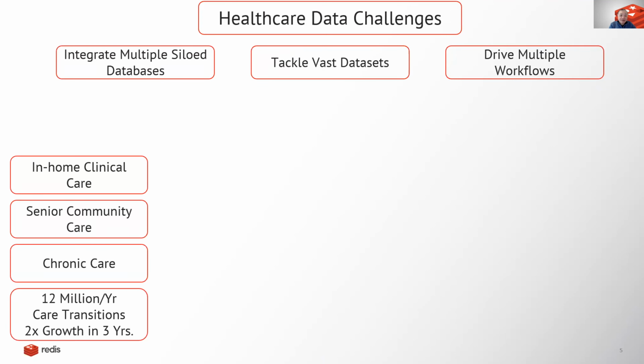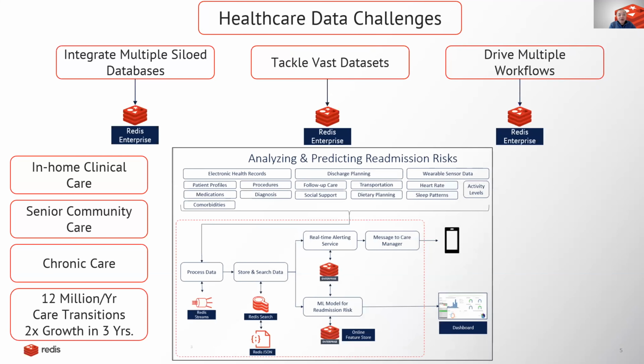There was one stat from a large provider, I think it was United Healthcare, that they have grown in the last 3 years from 6 million to 12 million care transitions per year. So that's a tremendous amount of data that is generated from these care transitions. And where does Redis fit in all of that?